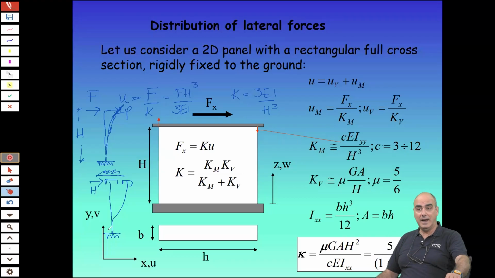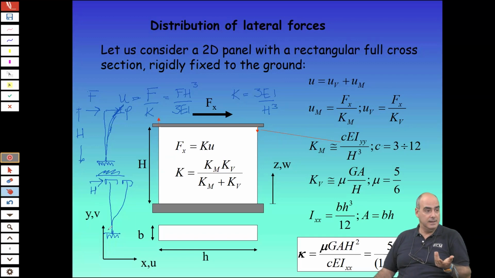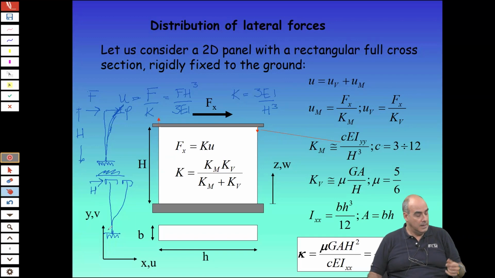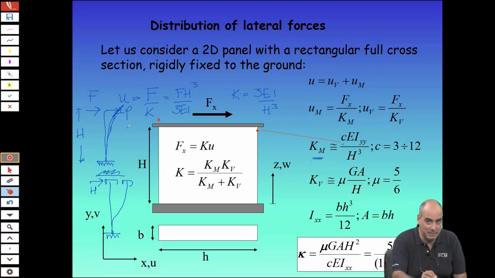Well, as a matter of fact, this scheme, if you have rotationally restrained at the top, is stiffer than the cantilever. And this is the reason for which, in the flexural stiffness here, I put a C, because actually the reality probably is in between these two schemes, closer to this one.